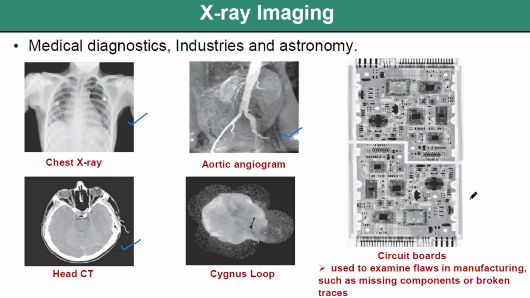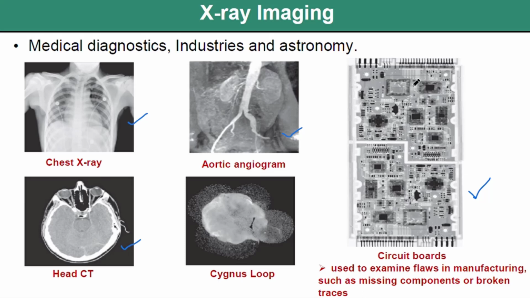Now this is the circuit board X-ray image. Images are obtained by sending X-rays onto the objects. This circuit board image is used to examine flaws in manufacturing such as missing components or broken traces.